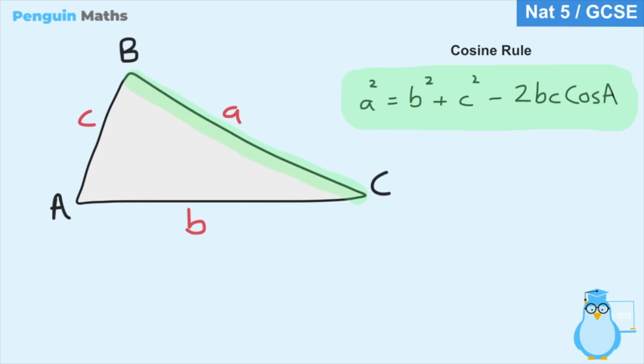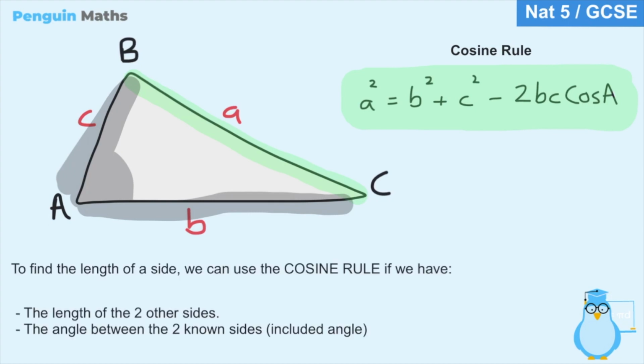So that means that if we have the cosine rule in this form and we want to calculate what the length of side a is going to be, then what we need in order to use the cosine rule is the length of the two other sides, so b and c, and also the value of angle A. So what that means is, if we want to find the length of any side in the triangle, we can use the cosine rule if we have the length of the two other sides.